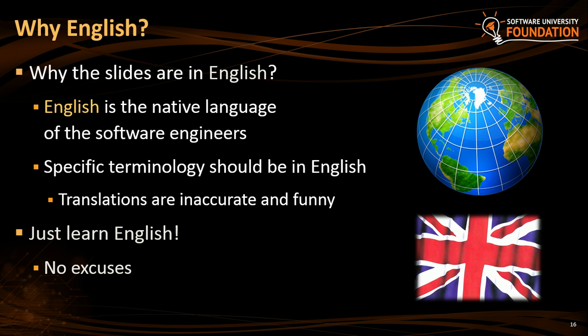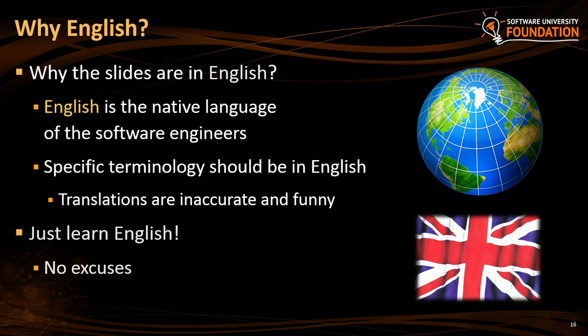Why do we use English? This is about the people who study the Bulgarian version of our course. Just learn English and don't make excuses, because English is the only language required to be spoken by all developers in the world. And if you write programs, use English.